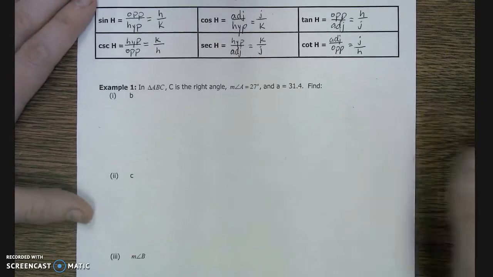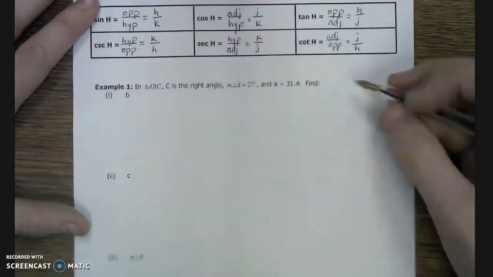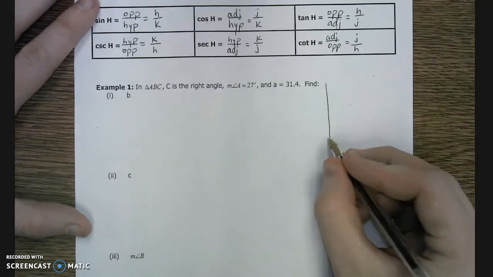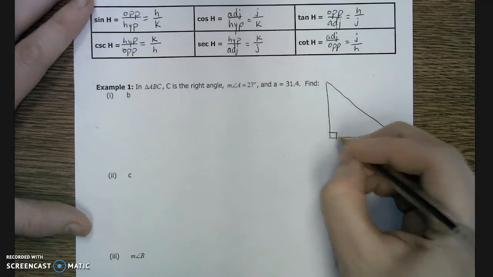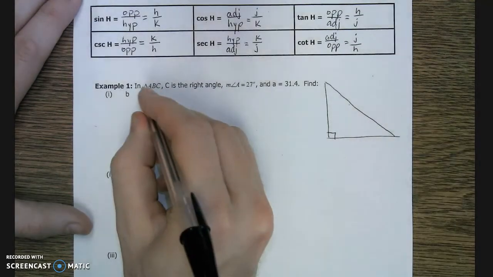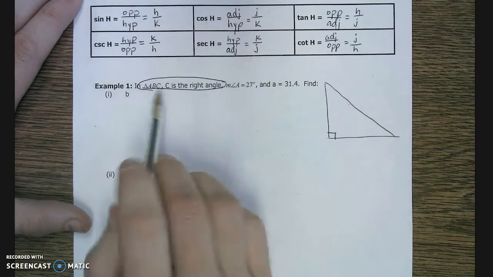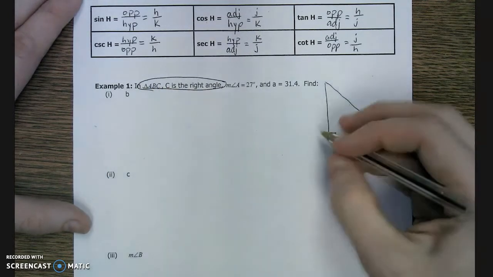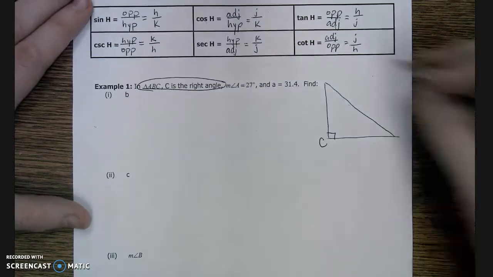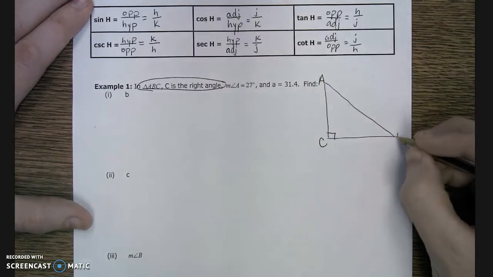The first step in all of these problems is to draw the triangle. Always draw the triangle. And let's label it. The problem says triangle ABC, and C is the right angle. So that tells you where to put C, and then it doesn't matter where A and B go.